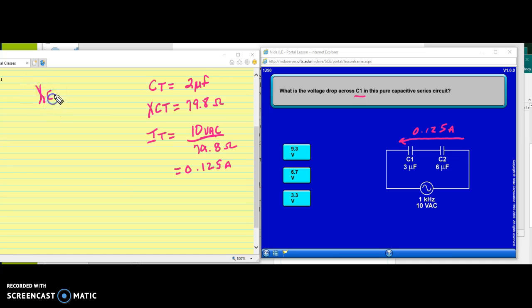X of C1 is equal to 1 over 2 times pi times frequency, which is 1,000, times 0.0000003, I believe will be right, but we're going to make sure of that with our trusty calculator.